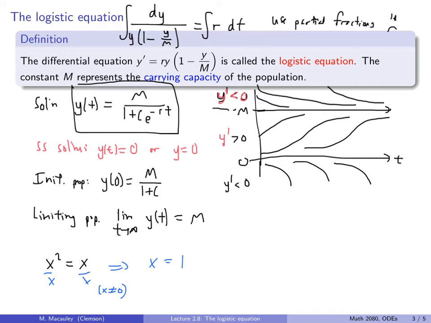And of course, x could be equal to 0. So when you divide through by x, you're assuming that you don't have this, and so you have to add that solution back in at the end, x equals 0.